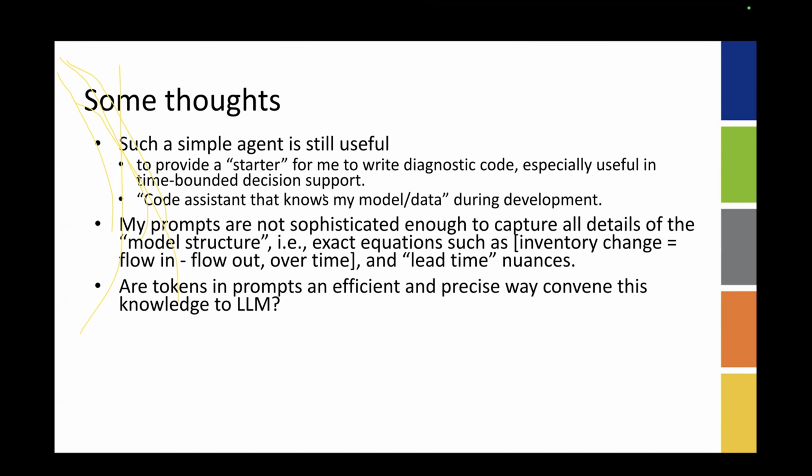So that knowledge is already there in this code agent. And also another thought: although I told this agent what I'm trying to build at a fairly high level, I did not tell the model the exact equations I'm modeling, right? For example, the inventory change equals flow in minus flow out at each node, and there's a nuance of lead time of each transportation line, right?